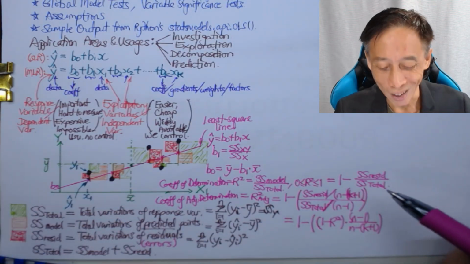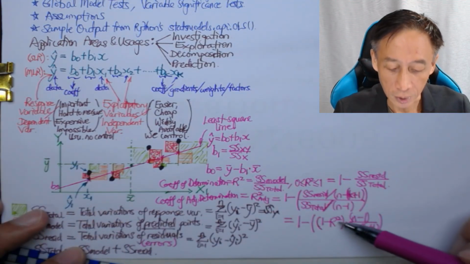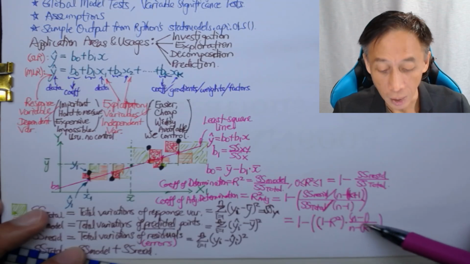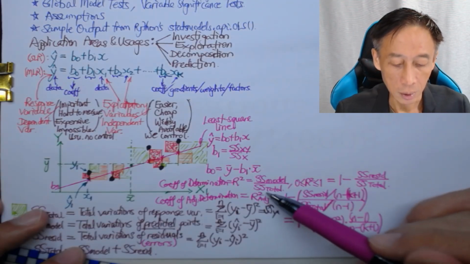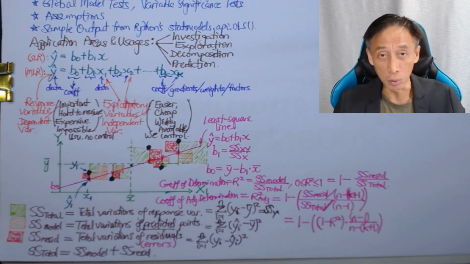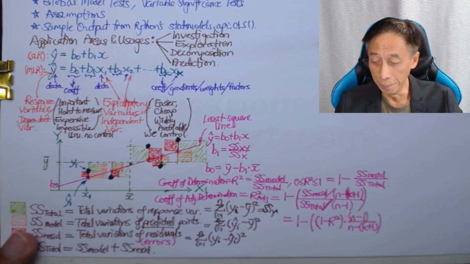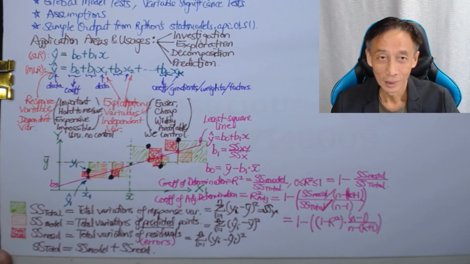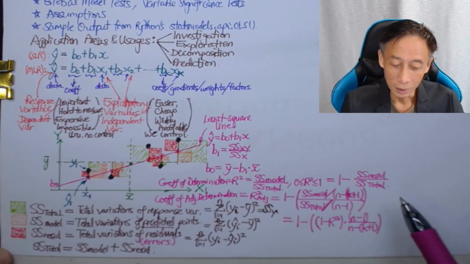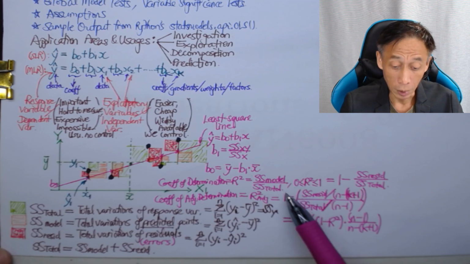So if we have already calculated r squared, we can, starting from r squared and n and k, start calculating the adjusted r squared. Okay, so that's the calculation. But what does it try to say, right? You can get a feel of it by looking at the SS model and SS total, because we already have it here.